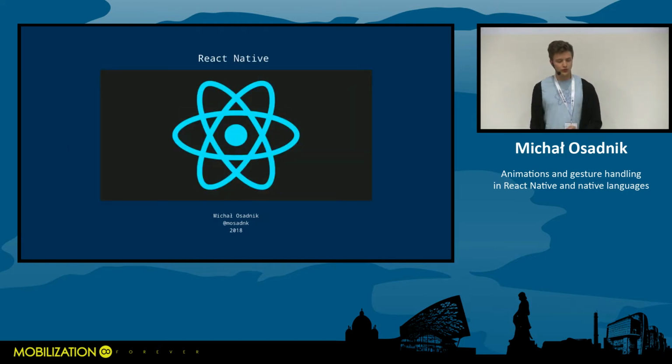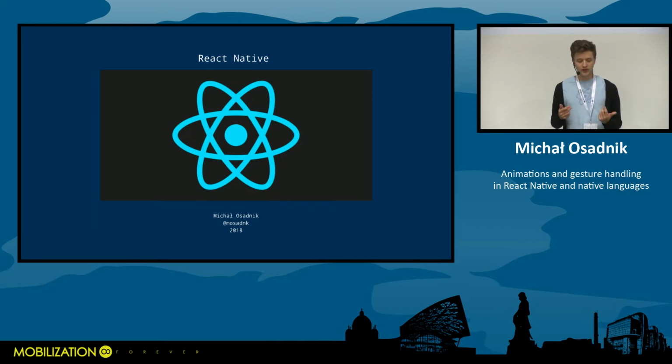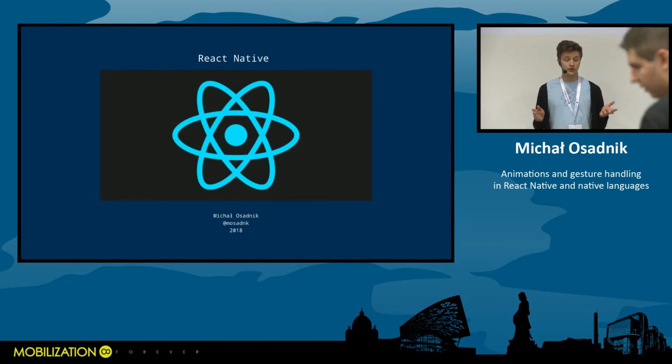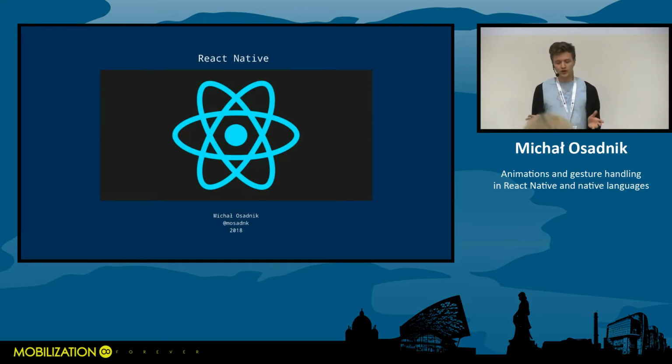So let me start with React Native in general. Why is it so magical? As you probably know, there are two main approaches for building mobile applications. The first is making them, as always, in native code like Java, Objective-C, Swift, Kotlin, etc., which is the most obvious method and does not require any introduction.